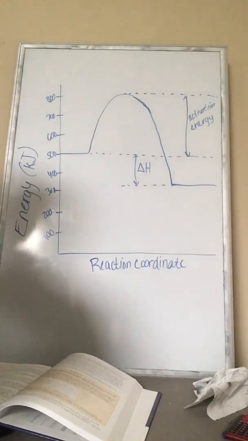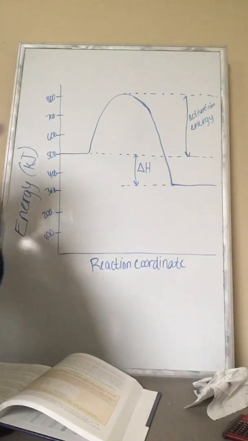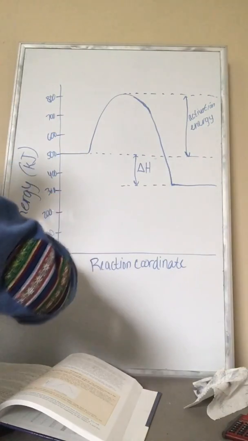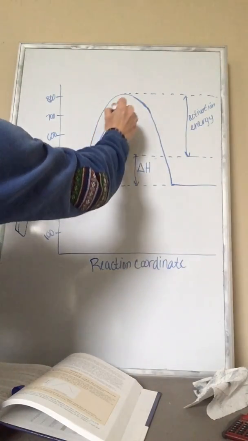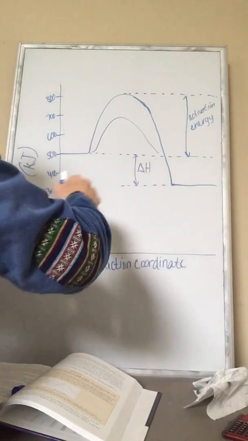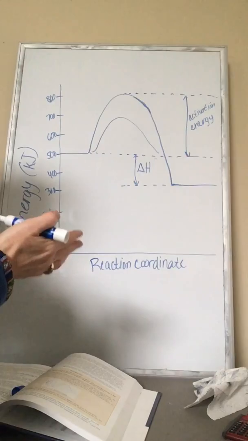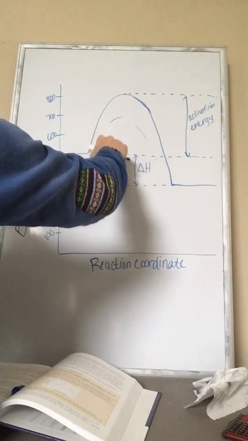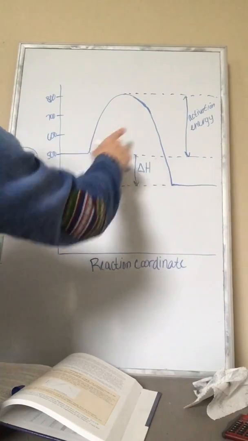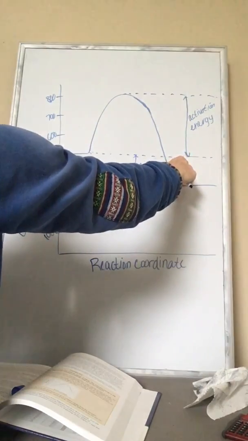Obviously, the smaller the activation energy, the more spontaneous the reaction is going to be, the less energy is required to get it going. But nonetheless, the difference between the top of the hill and the energy level that it started at is the activation energy.